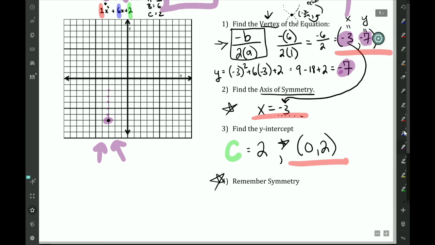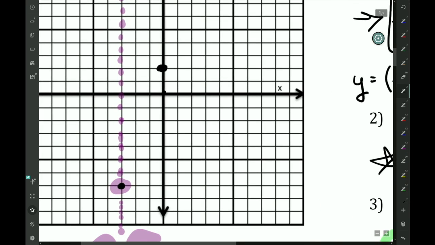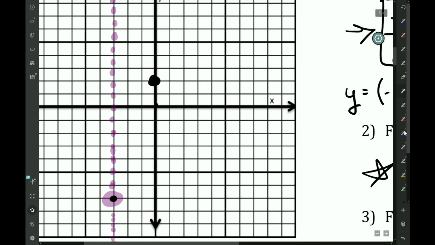The axis of symmetry is just this imaginary dotted line. It's like a mirror, kind of. We'll see that in a second. The y-intercept is where it crosses the y-axis. So it's at 0, up 2. Okay, there's your y-intercept.